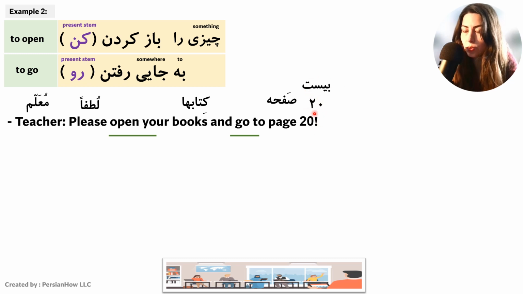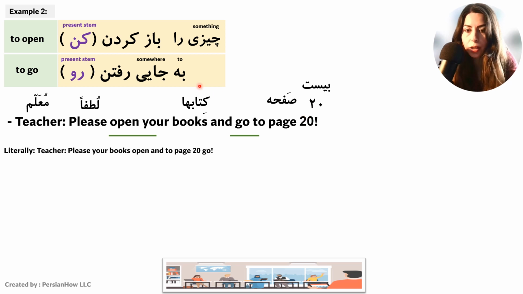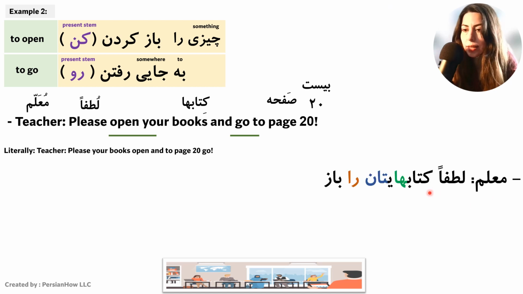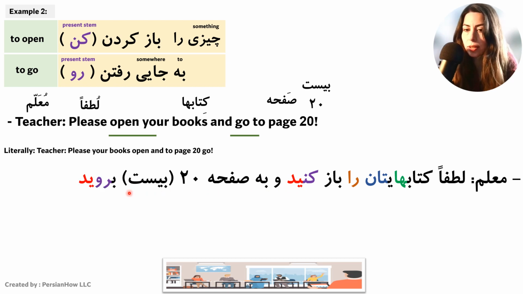You can see the numerical form here too. All right, literally we need to say something like, please your books open and to page 20 go. لطفاً کتاب‌هایتان را باز کنید و به صفحه 20 بروید.